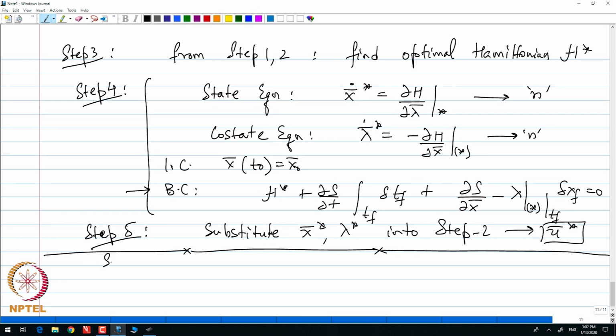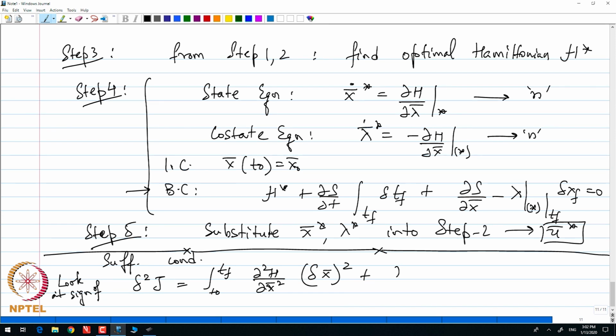So, the sufficient condition, as I just said, is we have to look at the sign of the second variation of J, the integral from t 0 to t f of the second derivative of h with respect to x times delta x bar squared, plus the second derivative of h with respect to u times delta u squared, plus 2 times the mixed partial derivative with respect to u and x, times the variation of u times the variation of x, dt.